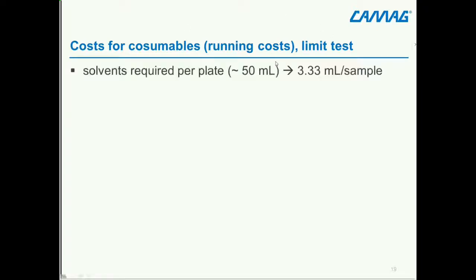For the limit test, the solvents required per blade are 50 milliliters for the development, so less than 4 ml per sample. We need 5 ml of extraction solvent per sample, and if we calculate an average solvent cost, then it's about 0.36 Swiss francs.